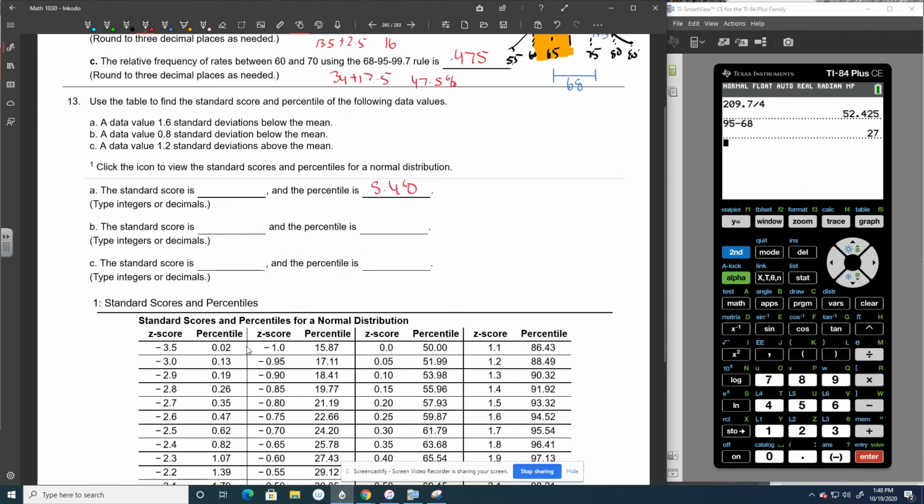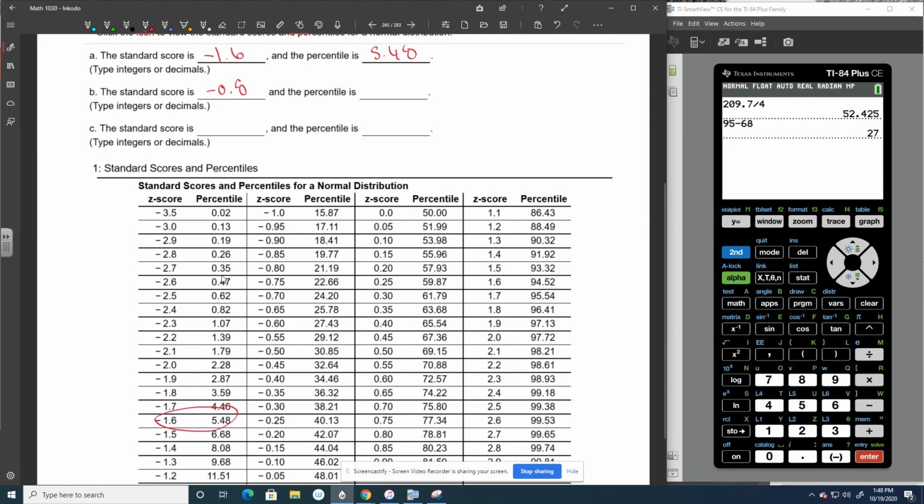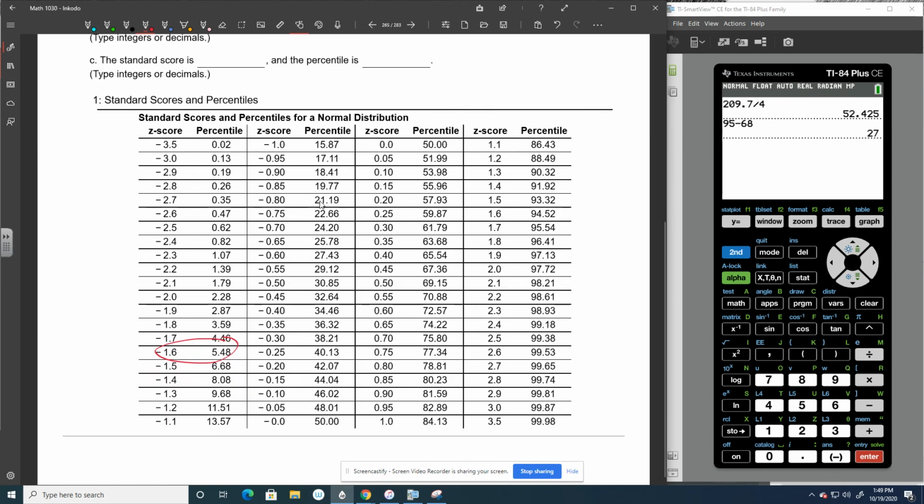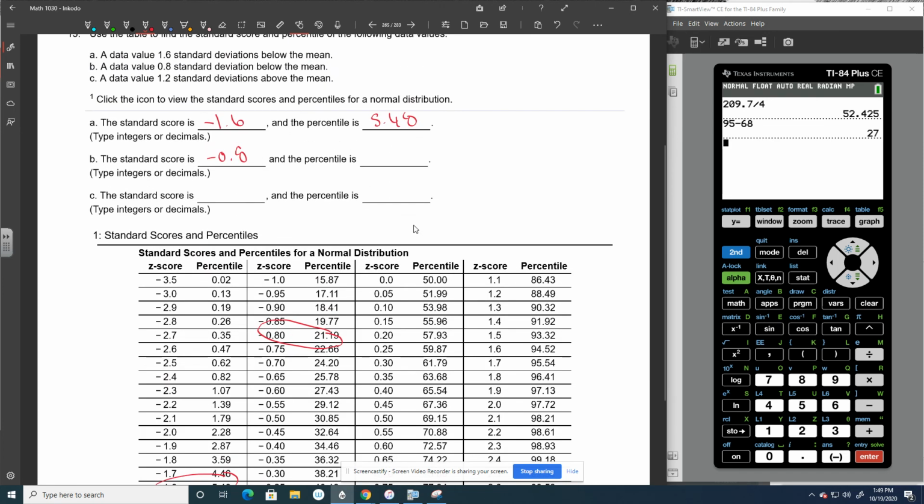And my z-score is negative 1.6 because I'm 1.6 below. Now, a data value 0.8 standard deviations below would have negative 0.8 as my z-score. And my percentile at negative 0.8 is going to be, where are we? Right here, 21.19.